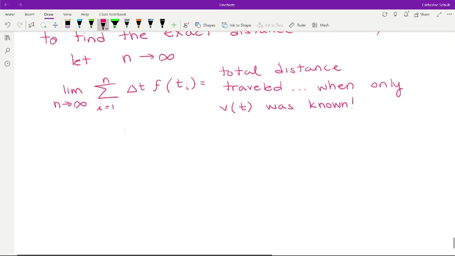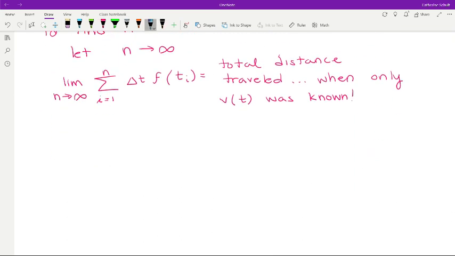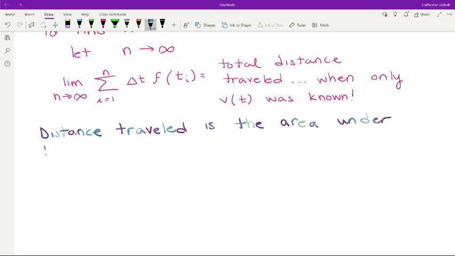Okay, so an application then of this, let's kind of summarize what we're talking about. It's the distance. The distance, s of t, right? That's our s function, the position function. The distance traveled is the area under the curve, because that's what this function is, right? That's the area under the curve.